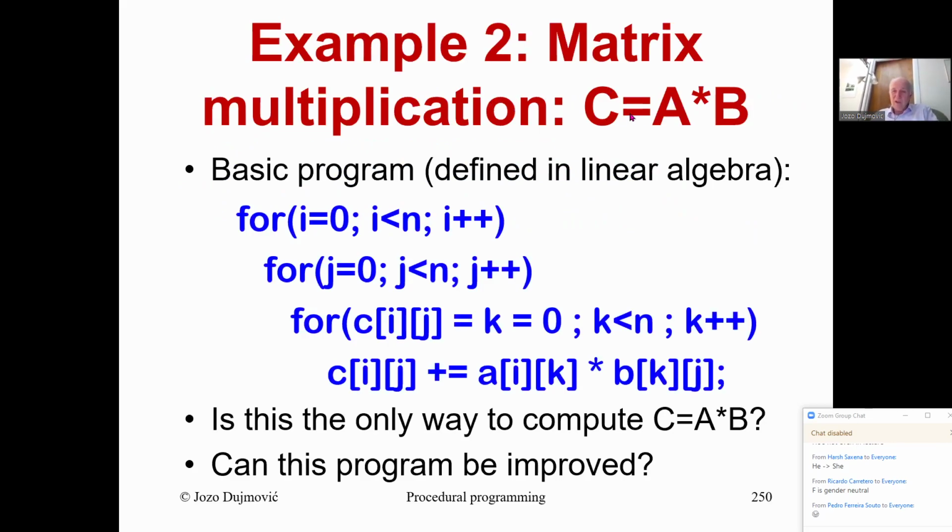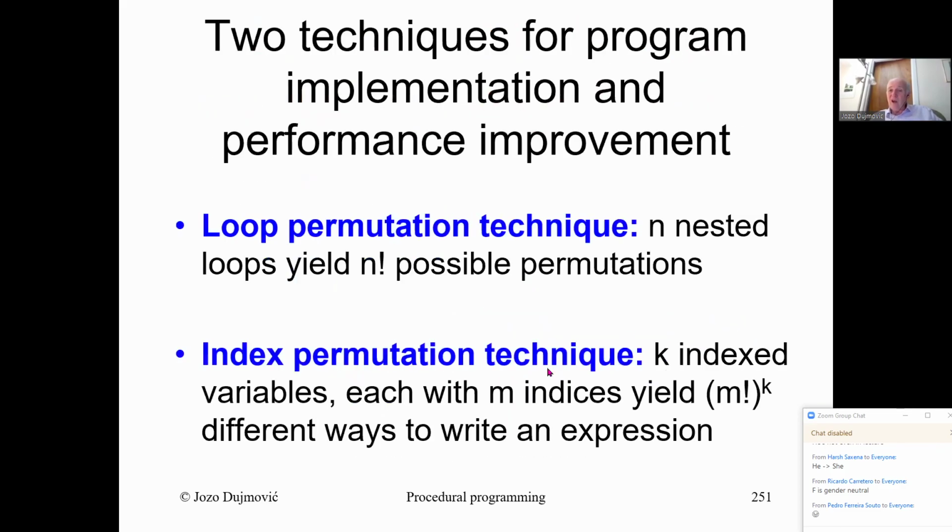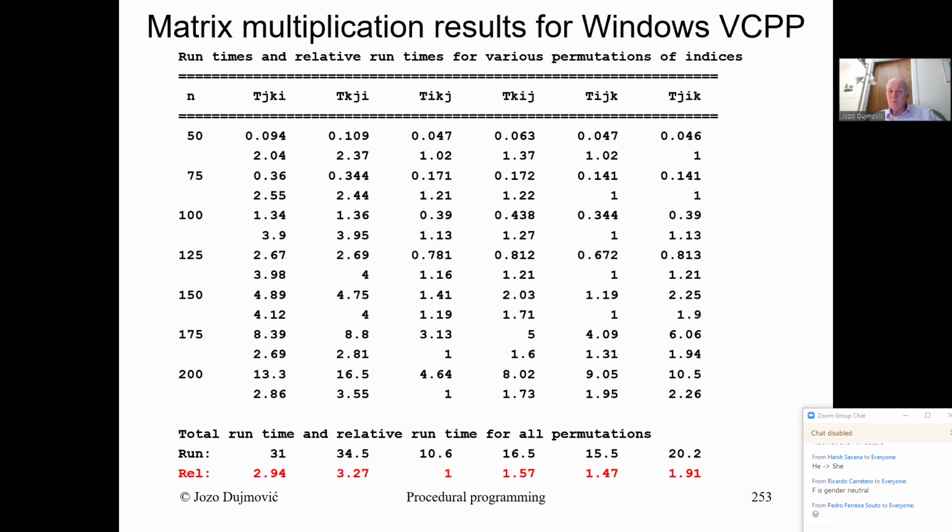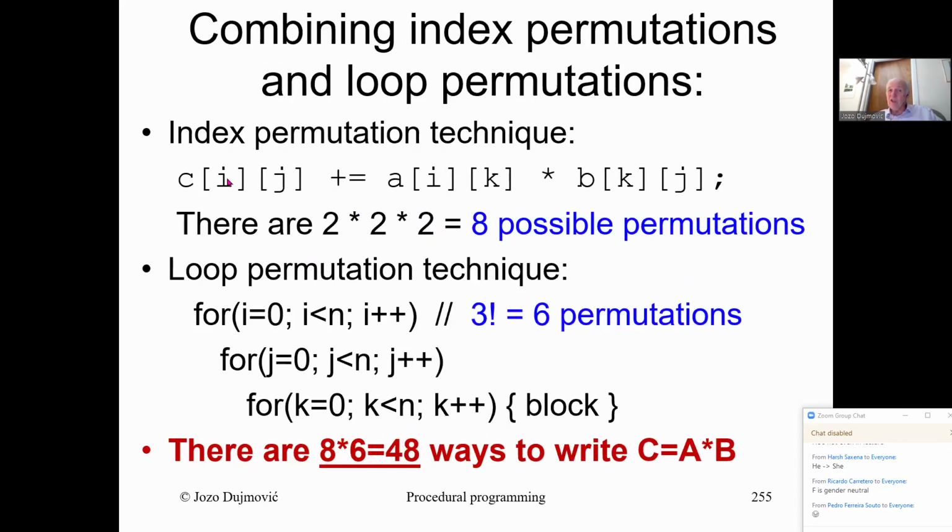If I multiply these two matrices, C is A times B, I have three loops, I, J, and K, and I can make any permutation of these loops and any permutation of these indices, I, K or K, I. I have 8 possible permutations of indices, 2 times 2 times 2, and 3 factorial, 6 permutations of these loops. This gives me 8 times 6, 48 different ways I can write this program that multiplies two matrices.